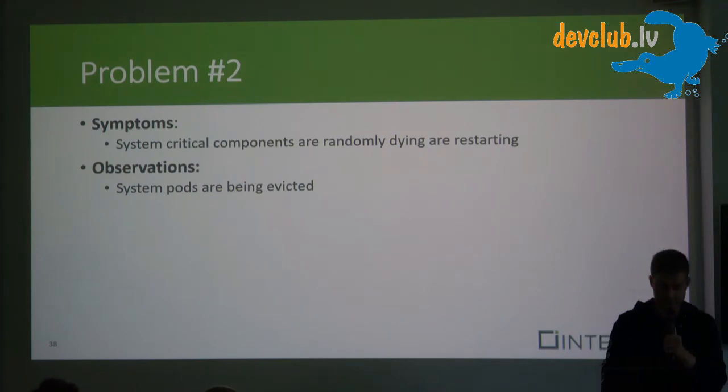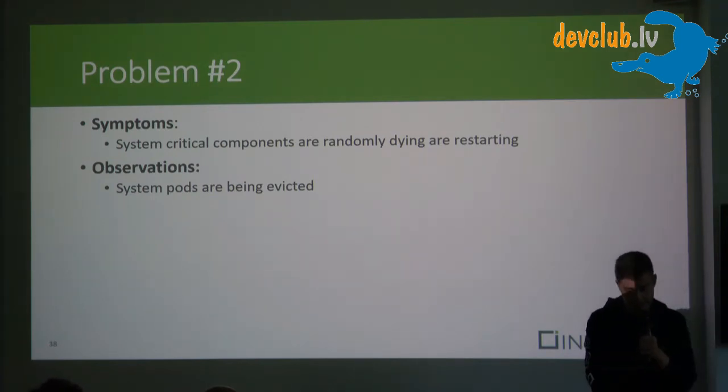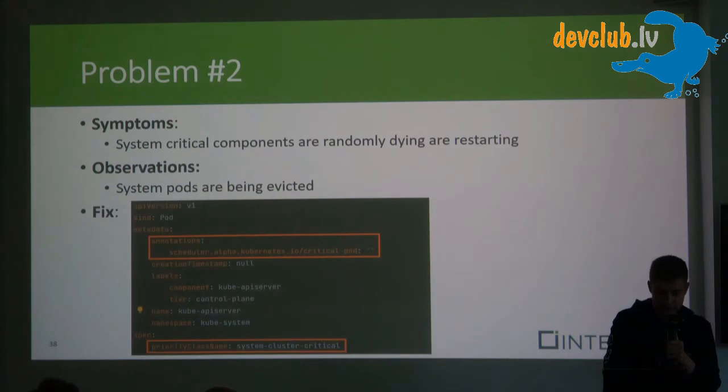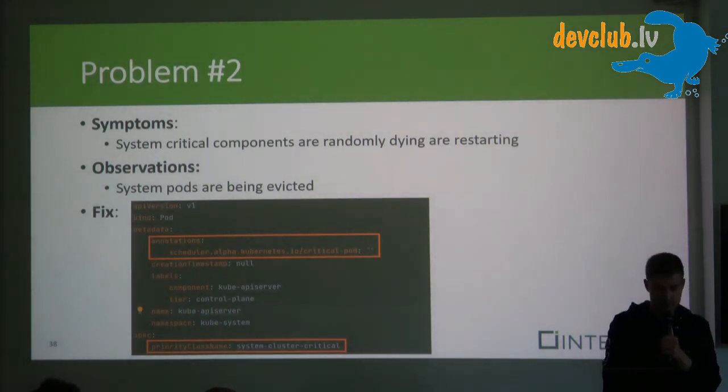Who might have thought that system components are not defended from eviction and are not critical by default? So as a fix, we utilized the priority class feature and a special annotation for marking the workload as critical, and we set it for all of our critical components.